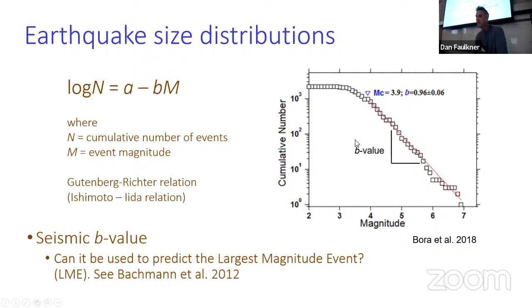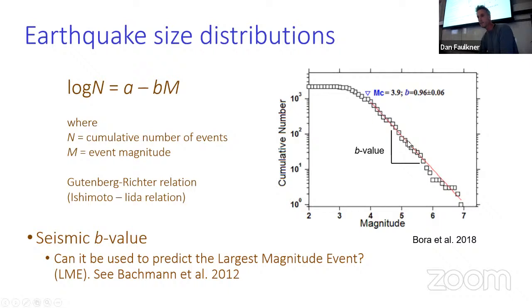And basically the b-value is the gradient of this plot. How steep that is tells you how many small earthquakes you've got relative to big earthquakes. If all works well, and we have this linear relationship, then if we're only recording small events over a short period of time, we might just get a portion of this data set recorded.